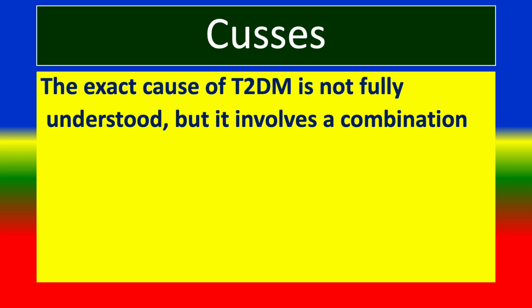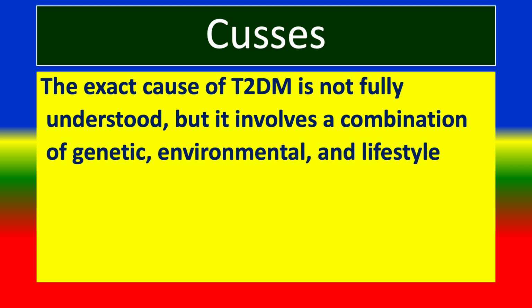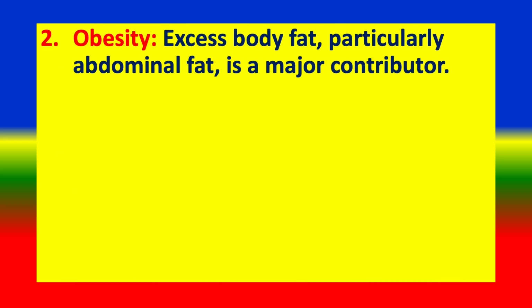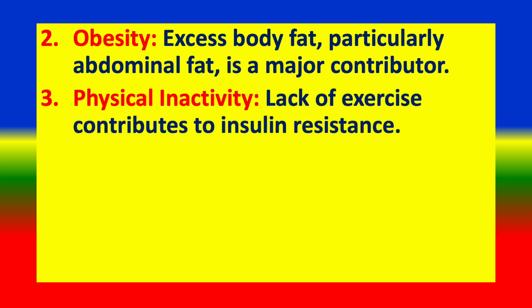Causes. The exact cause of T2DM is not fully understood, but it involves a combination of genetic, environmental, and lifestyle factors. 1. Genetics. Family history of diabetes increases the risk. 2. Obesity. Excess body fat, particularly abdominal fat, is a major contributor. 3.